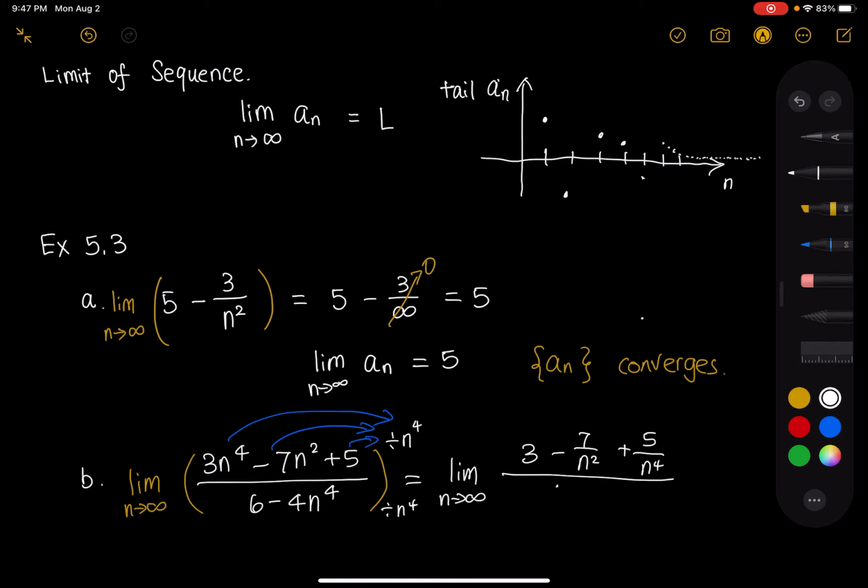Similarly, the bottom is 6 over n to the 4th power minus 4. Then when you replace n by infinity, this is 0, that is 0, and that is 0. So what you will have left is 3 divided by negative 4. So the limit is negative 3 over 4, and we also call the sequence convergent.